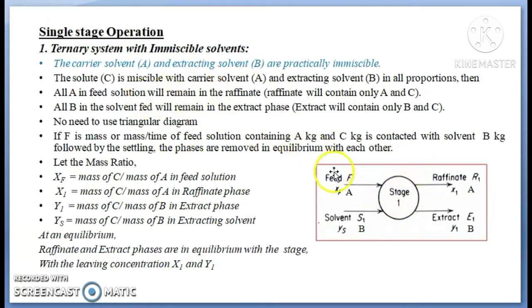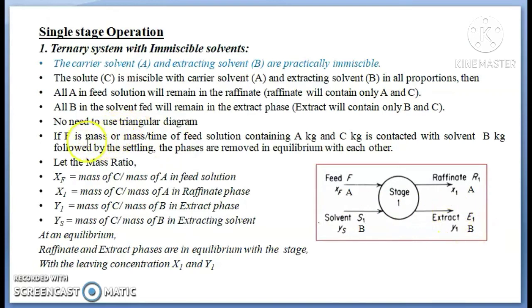Then all the A in the feed solution after the settling will remain in the raffinate phase only. There is no change of the concentration of A in the raffinate phase, whereas all the B present in the solvent will remain in the extract phase after the separation.